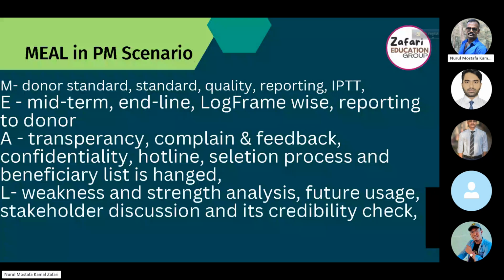We talked about MEAL, that in all the stages of the project phase model, MEAL, meaning monitoring, evaluation, accountability, and learning, shall take place. What is monitoring? Monitoring means continuous effort to watch what is happening as per the project guideline during project implementation.